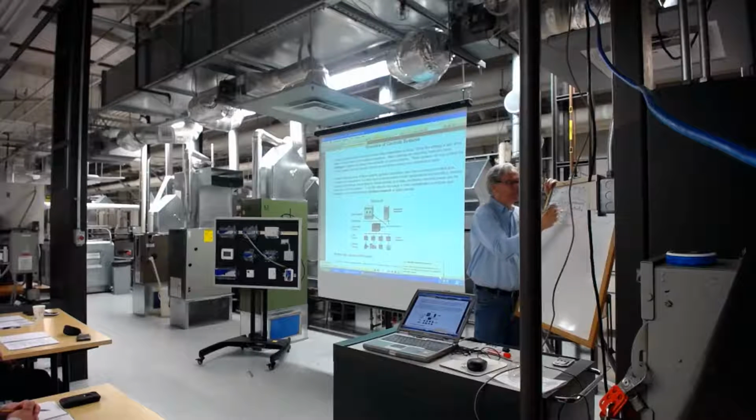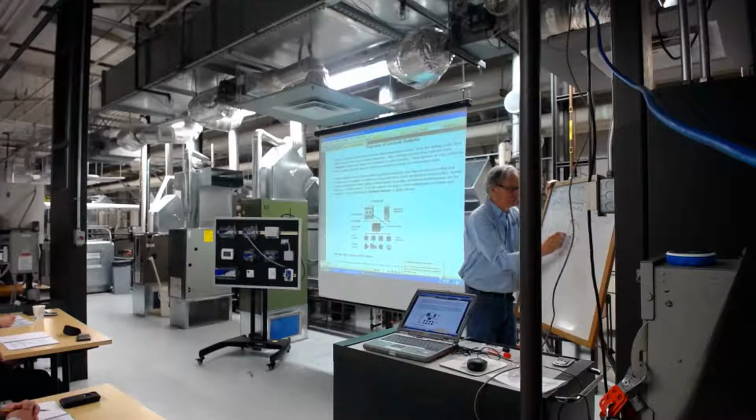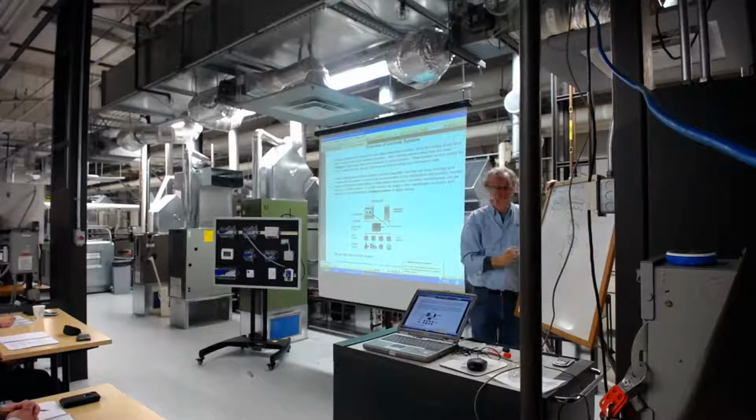So what that means is the second tier goes like this. This is a field bus. Typically, it's an RS-485, three conductor, positive, negative, reference, whatever. And down here are your field controllers.